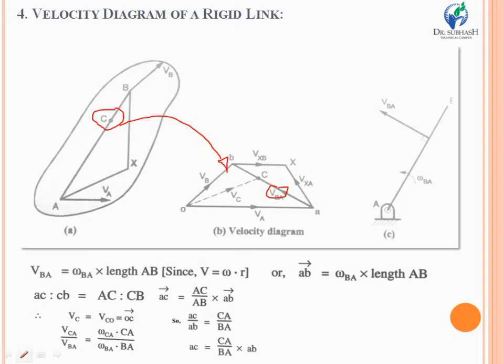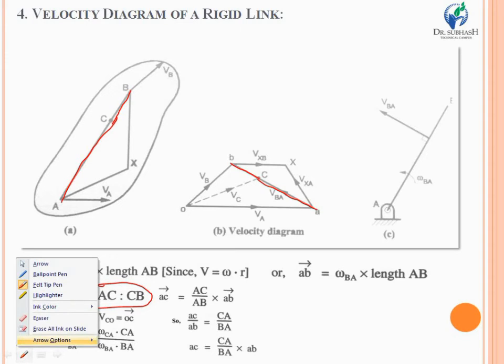So the same procedure you have to follow, but over here there is a little difference. Just take the entire link AB and divide it in such a way that the relation becomes AC upon CB is equal to capital AC upon CB. That means the ratio between the links, AC and CB, if you divide both of the dimensions, should always be equal to the ratio of the geometrical dimensions AC and CB.